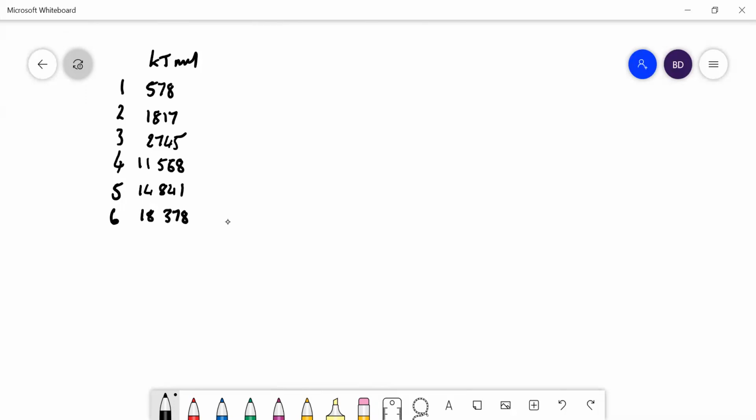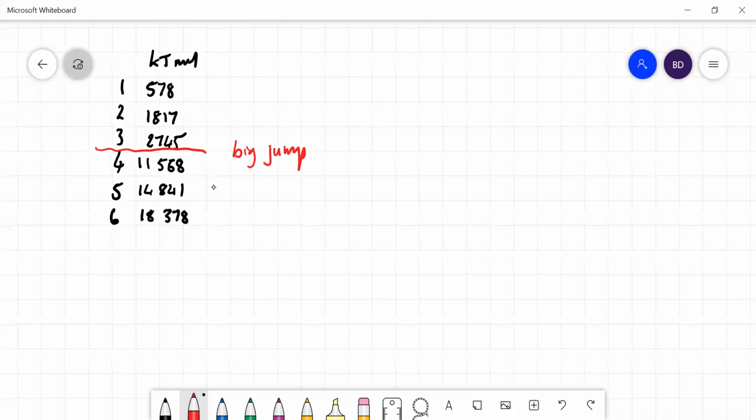Right, now can you see any big jump? You can see a big jump. There's obviously a big jump here between 3 and 4. So there's a huge jump. The third ionization energy is fairly small, and the fourth is much, much bigger.